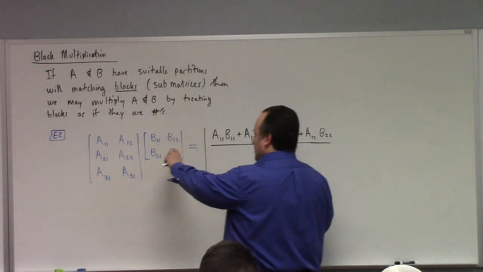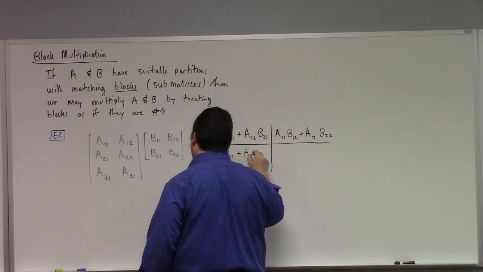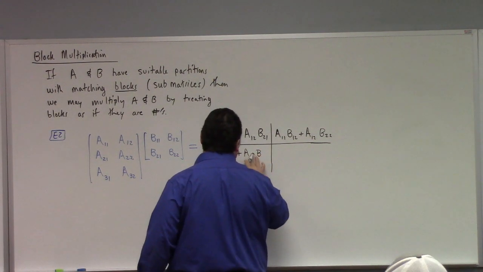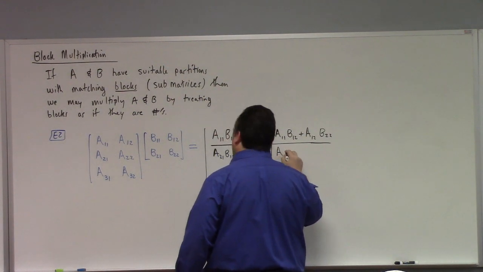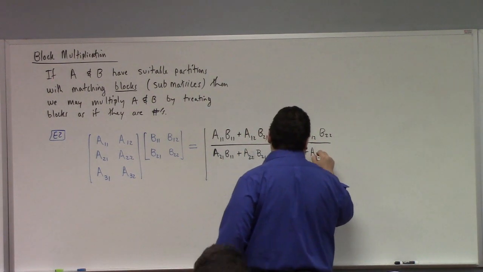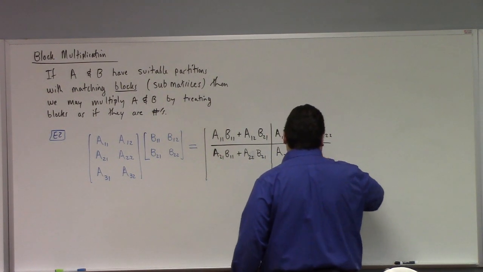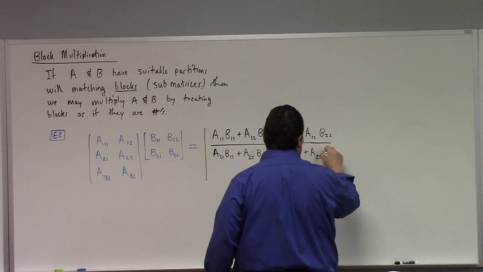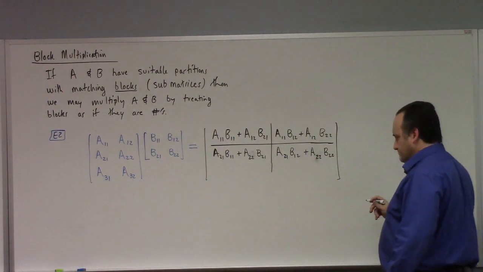And the next one gives me A21 B11 plus A22 B21. And then over here we've got A21 B12 plus A22 B22. And there's one more, right?